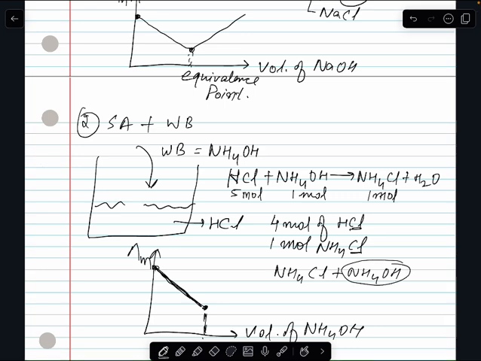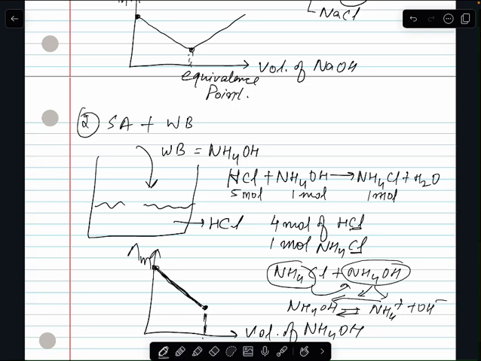Now you see NH4OH is a weak base, and because of the common ion effect of NH4Cl, the NH4OH won't break down into its ions. That means the reaction NH4OH converting to NH4 plus and OH minus won't happen, or it will be pushed in the backward direction because of the presence of NH4 plus ion in the solution from NH4Cl.